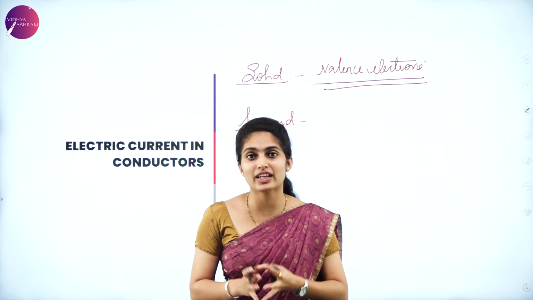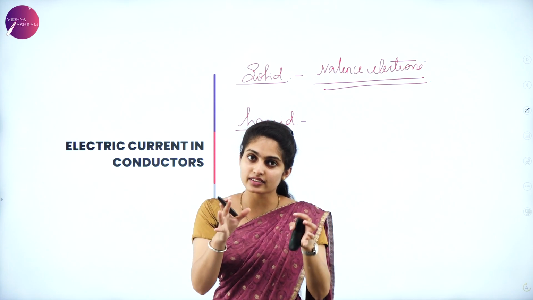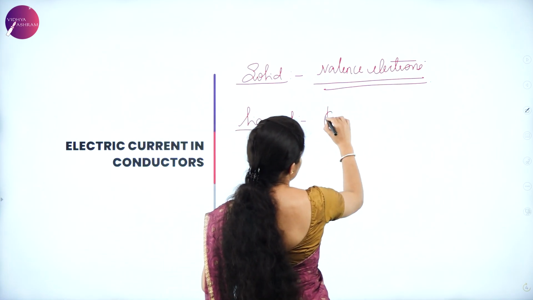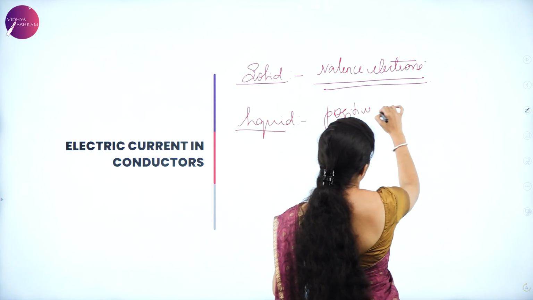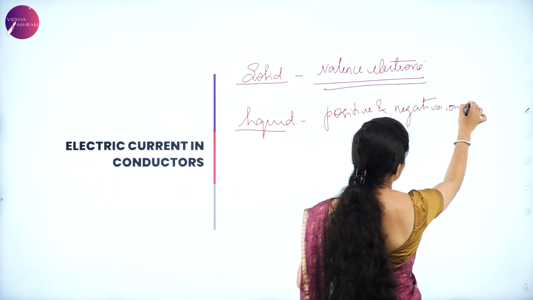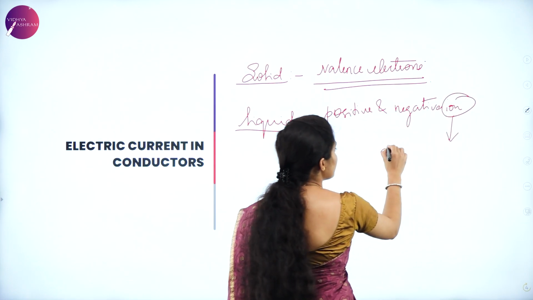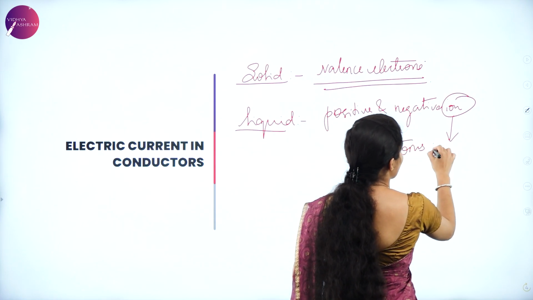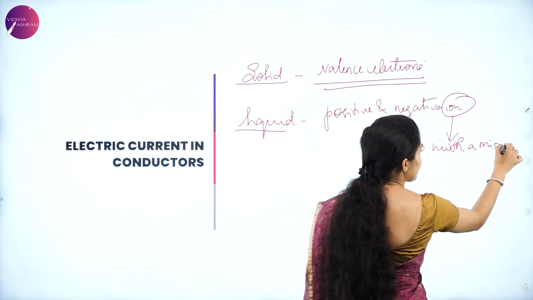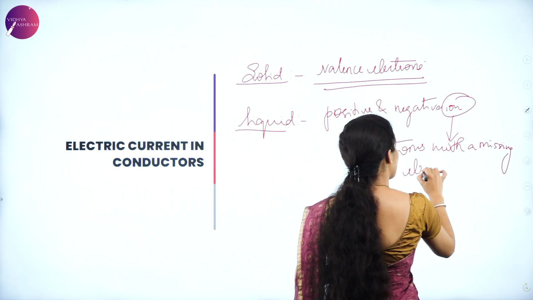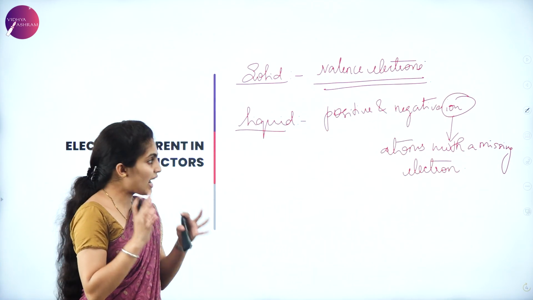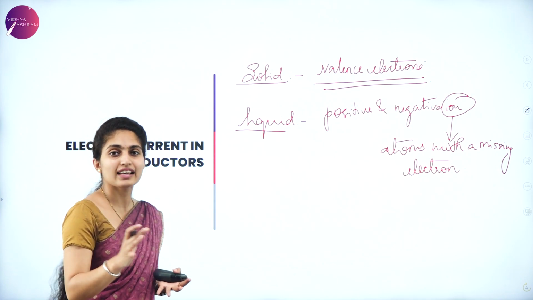In this liquid electrolytic solution, the conducting particles are the positive and negative ions. So what is meant by ions? Ions are atoms with a missing electron. Those atoms with a missing electron are known as ions.